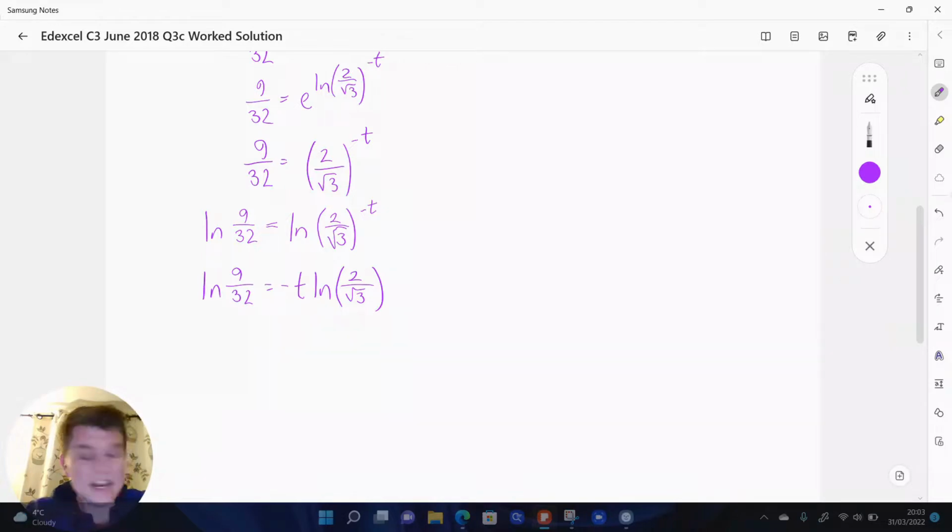Okay. Now we're in a situation where we can actually solve for t, because we can end up with t equals ln 9 over 32 divided by minus ln 2 over root 3. So bring the minus on the outside.